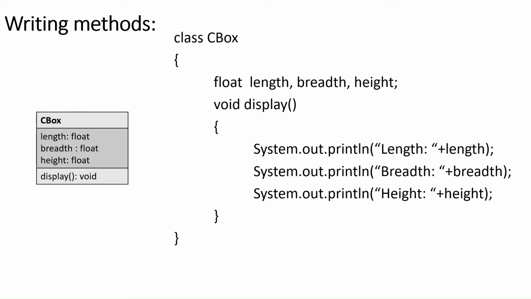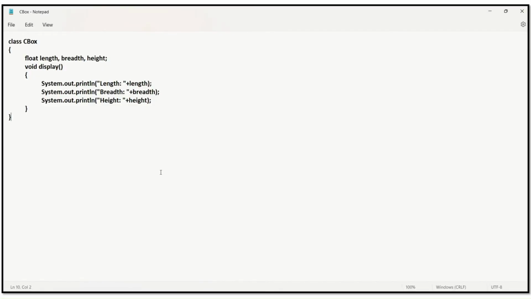This is how we can write the method. Now let us execute this one and see what output it is going to give us. And this is the particular block belonging to the display method. Now let us execute this in the command prompt and see what it is going to give as output.